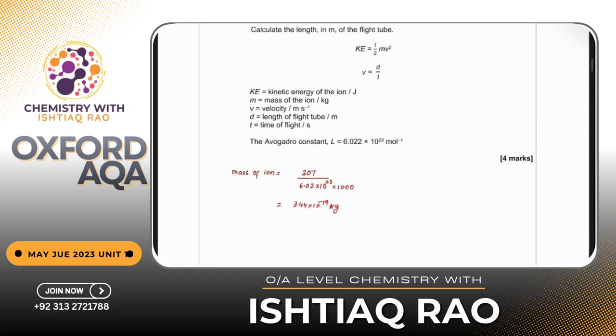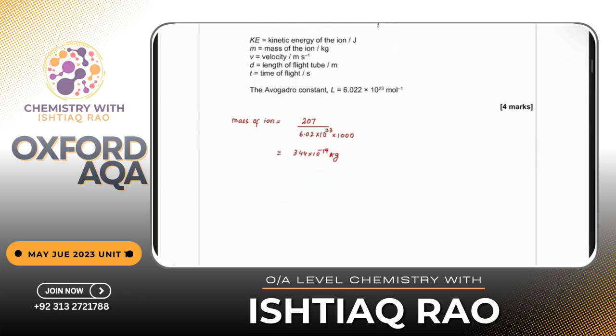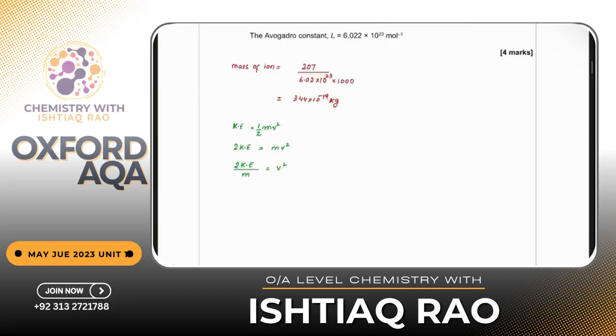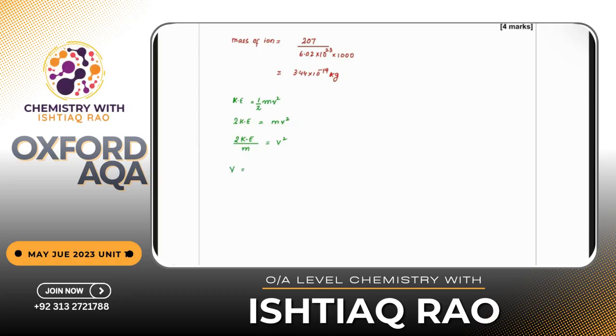Now I'm going to apply the formula, that is KE is equal to half mv squared. I'm going to rearrange it: 2KE is equal to mv squared. So 2KE over m is equal to v squared, and v would be equal to the square root of 2KE over m.